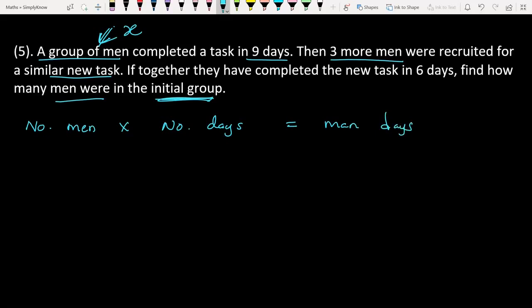So in the initial group, we don't know the number of men. We should find it. So let's put X. And for how many days do they work? 9 days. And what is our man days? It's 9 times X, 9X.